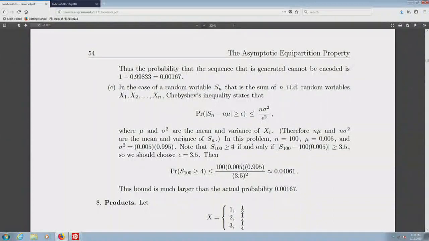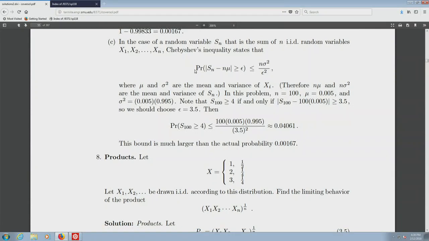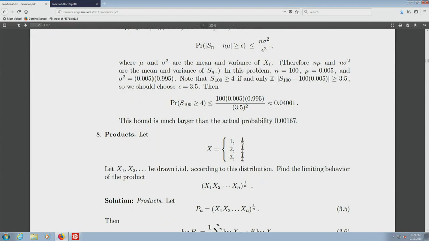Okay, so here, in the case of Chebyshev, he's got Chebyshev coming out to be less than 0.04, right?